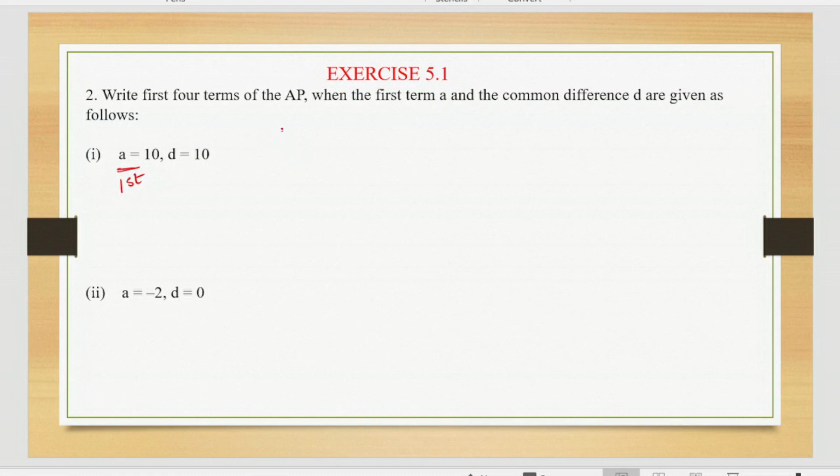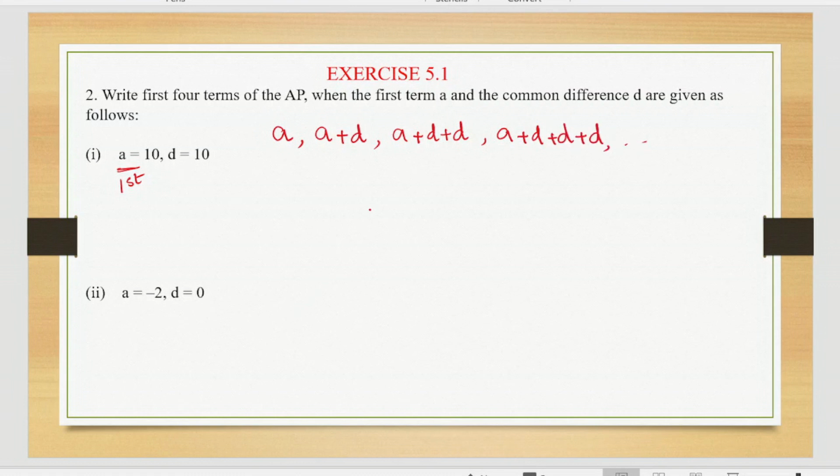The first term is A, right? When he has given us the common difference, if you add the first term with the common difference, you will get the second term. Then if you add the second term with the common difference, you will get the third term. If you add the third term with the common difference, you will get the fourth term.